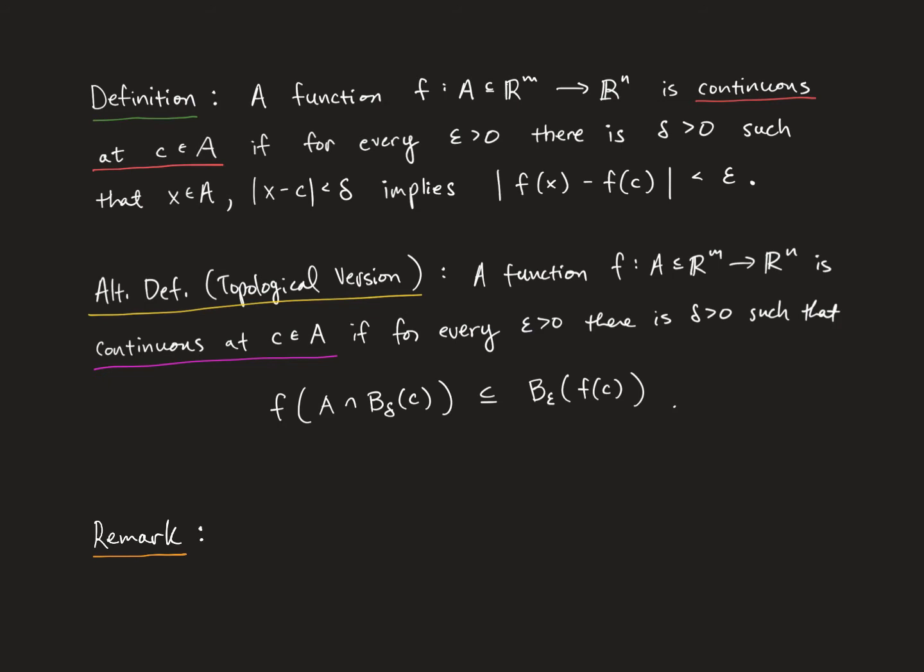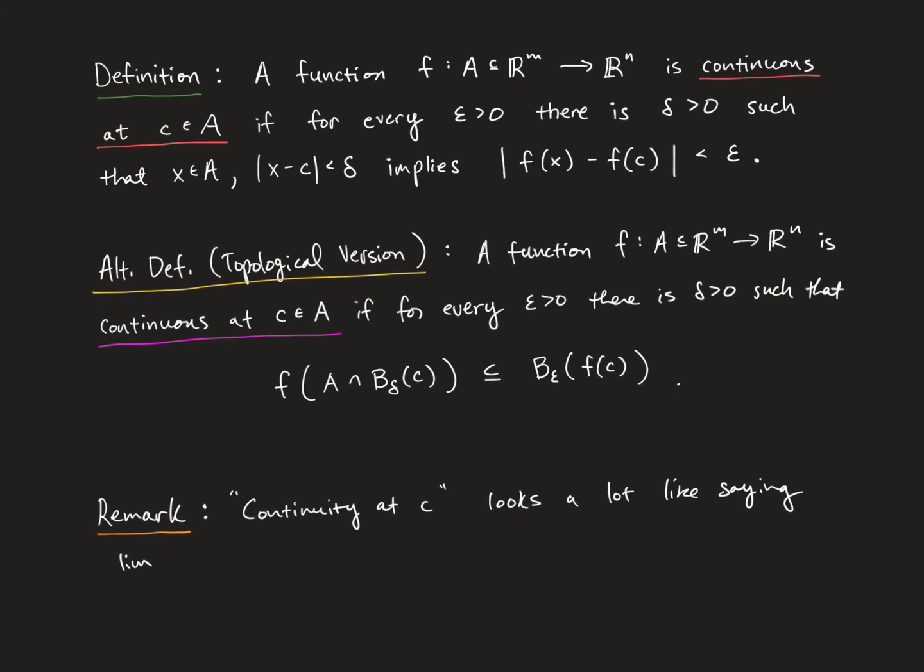So the definition of continuity at C looks a lot like saying that the limit as x approaches C of f of x is equal to f of C. Right, this looks a lot like if you take f of c, put f of c equal to L, this definition looks a lot like saying that the limit as x approaches c of f of x equals L. And you have a given epsilon, you have a delta response, and you have some inequalities. But there are some important differences.